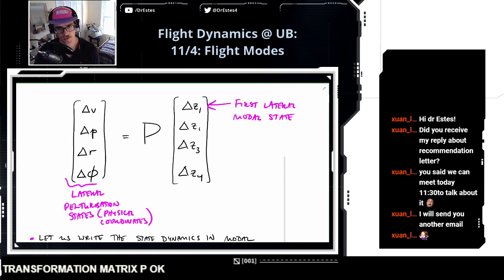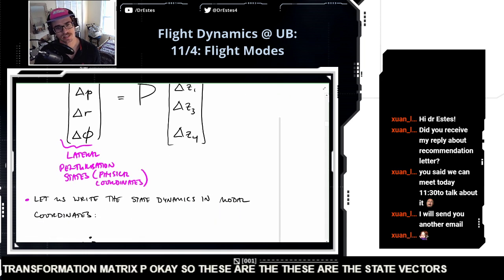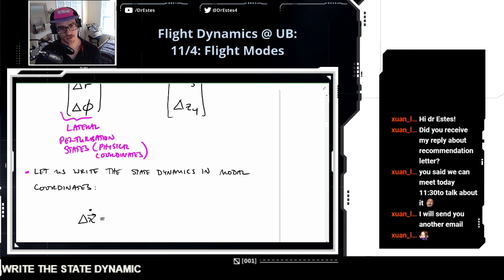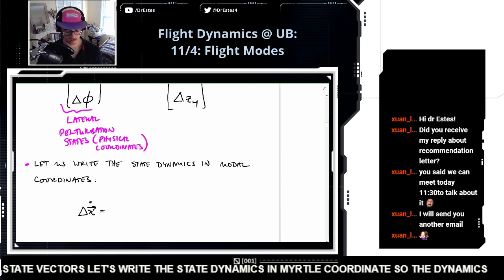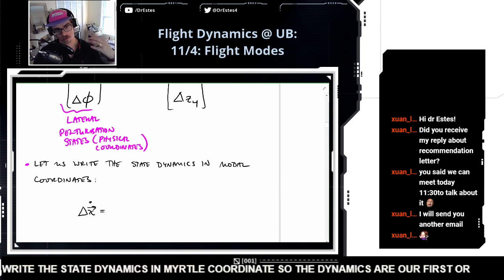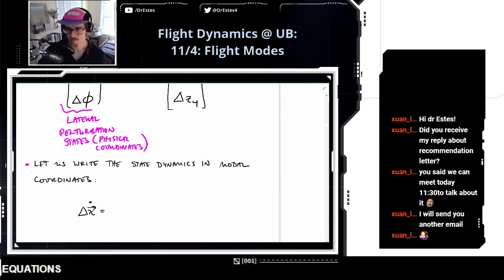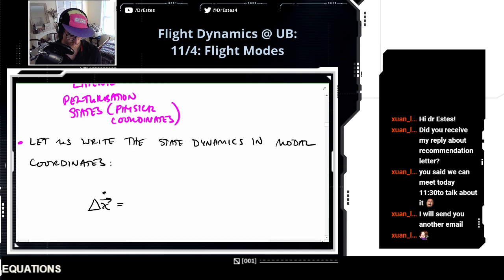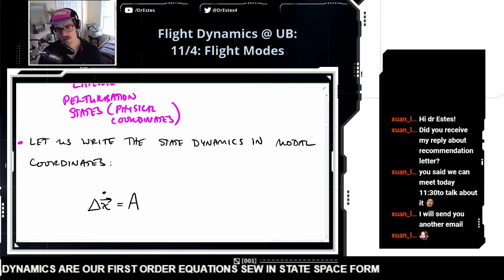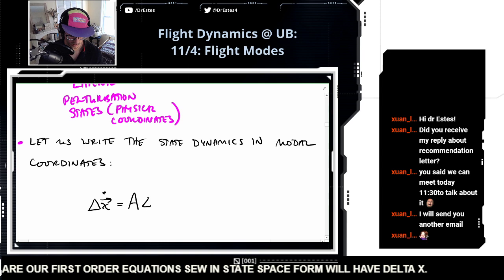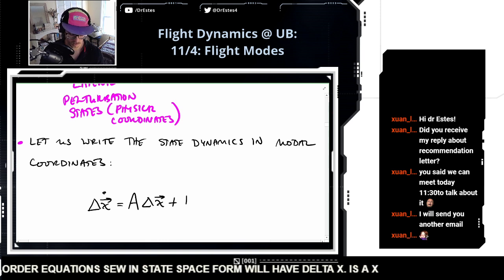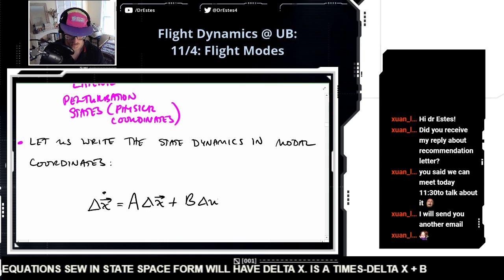Okay, so these are the state vectors. Let's write the state dynamics in modal coordinates. So the dynamics are our first order equations. In state space form, we'll have delta x dot is A times delta x plus B delta u.